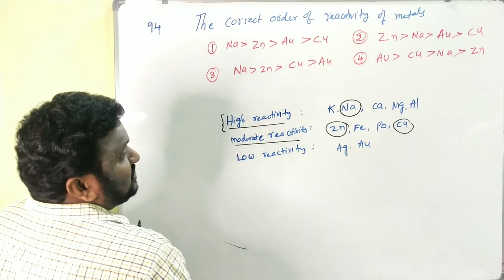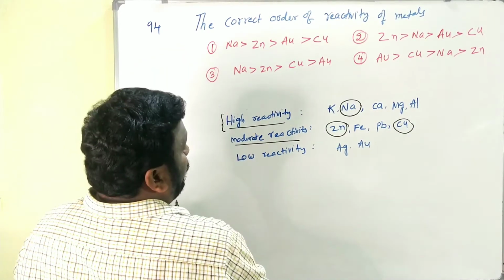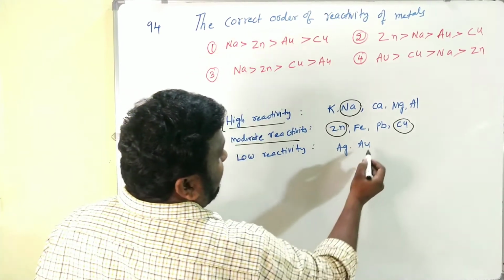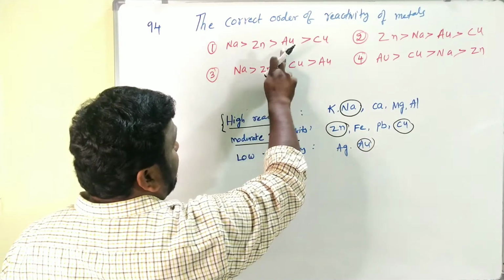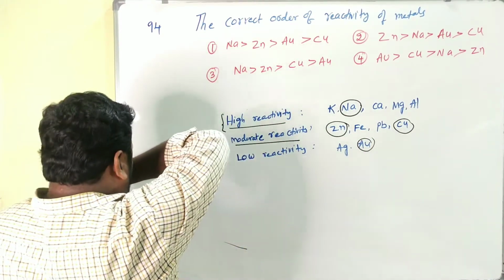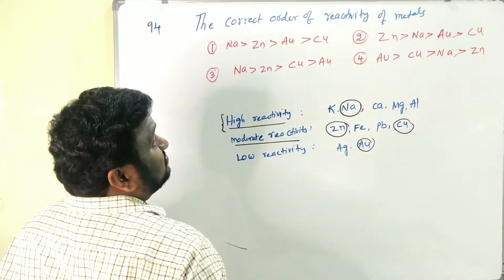And from the low reactivity metals, he selected Au. Total how many are there? Only 4: 1, 2, 3, 4. Among these 4, we have to set them in an order.